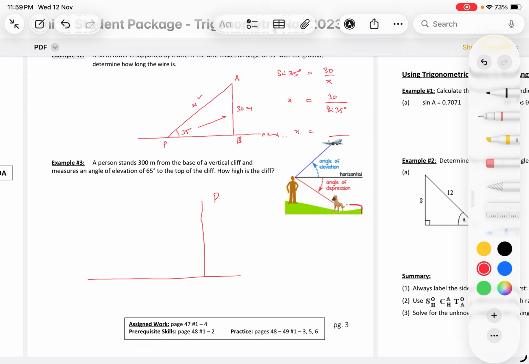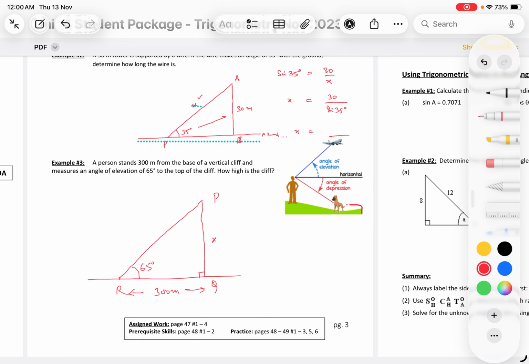Let us suppose PQ is the height of the cliff and a person is standing 300 meters away from the base, say at point R. And he is making an angle of elevation of 65 degrees. Find the height of the cliff.